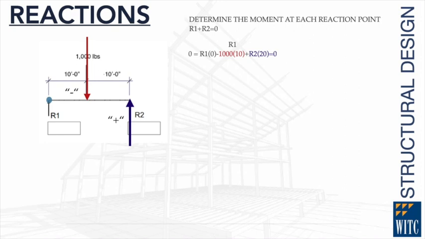That is 1,000 pounds, and that's going in a negative direction because it's going clockwise, and it's 10 feet over. So that's minus 1,000 times 10. And then my other moment now is at point R2, which is 20 feet away, but I don't know what that force is yet.